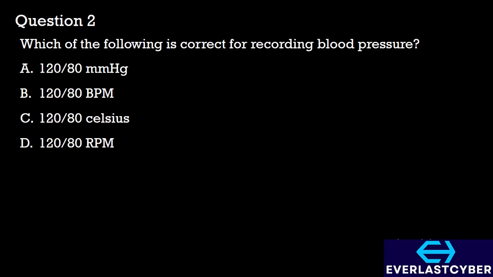In option B, bpm, beats per minute, measures the heart rate and not blood pressure. For option C, Celsius is a temperature unit and it is irrelevant to blood pressure. While in option D, RPM is revolutions per minute and it is used for rotational speed, so it is not applicable in this question.